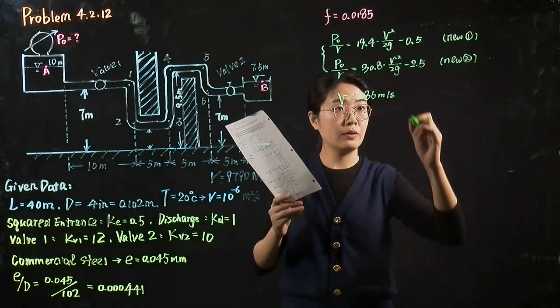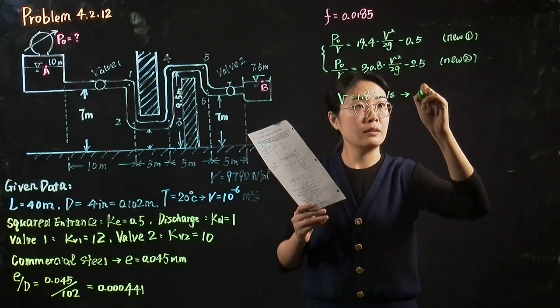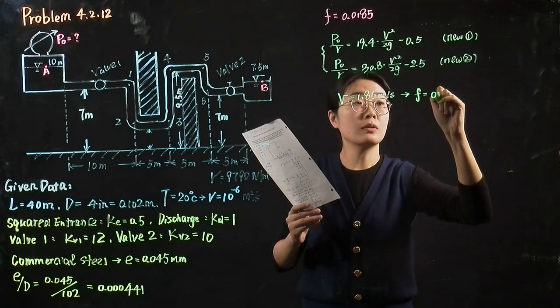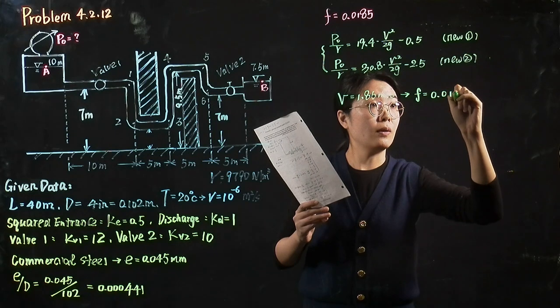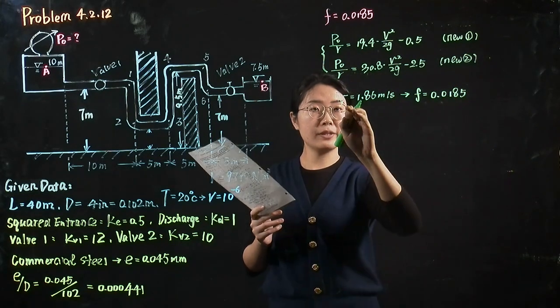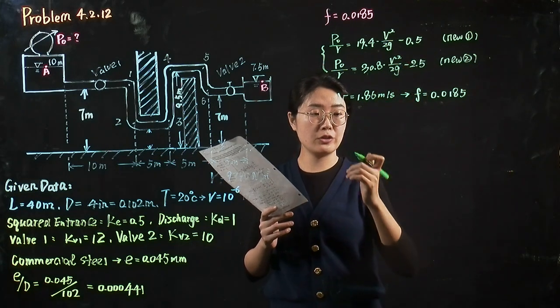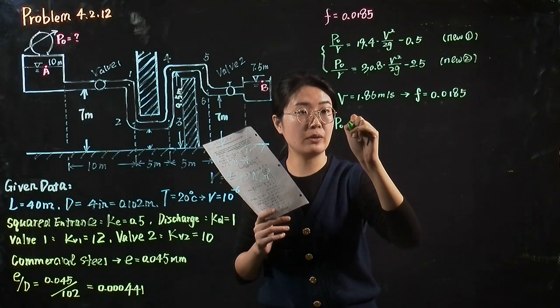So we can make the conclusion that the friction factor equals 0.0185. We need to bring the velocity back to either equation 1 or equation 2 to calculate the value of P sub 0.